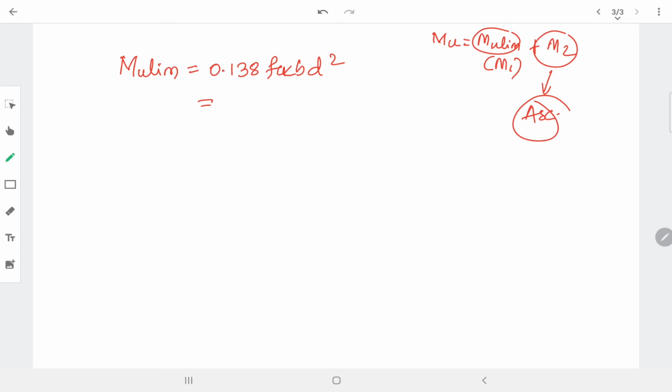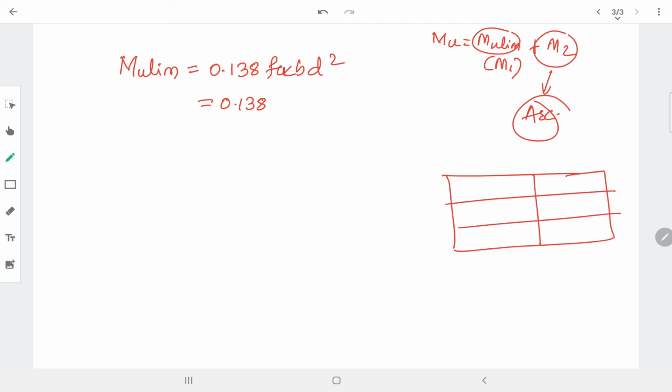This is nothing but 0.138. Why am I taking 0.138? We have a table based on the grade of steel.